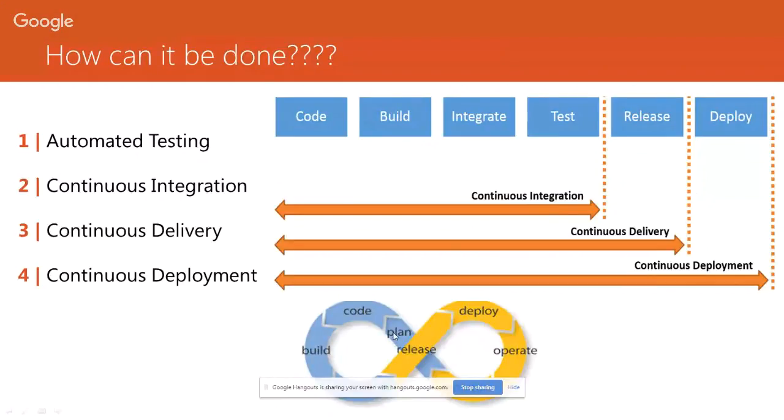Once the product owner decides what will go for a particular release, the development team starts writing code or fixing code in a new branch of the source code repository, and that branch of code gets built, gets integrated, and then gets tested, and then gets released to production.